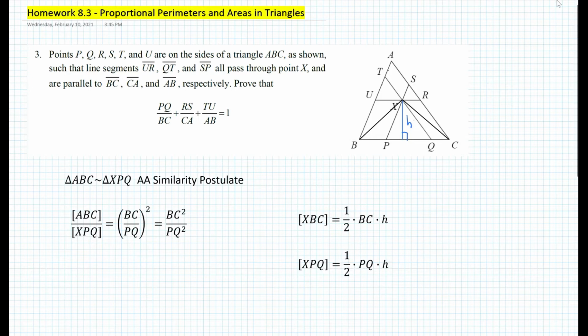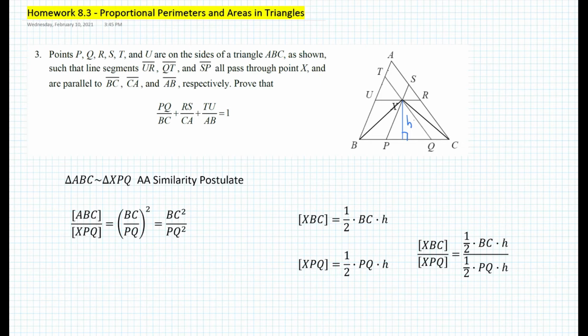So the area of triangle XPQ is 1/2 times PQ, which is the base, times the height. Notice that both triangles, XBC and XPQ, share the same height, H. So let's divide the areas of these triangles.